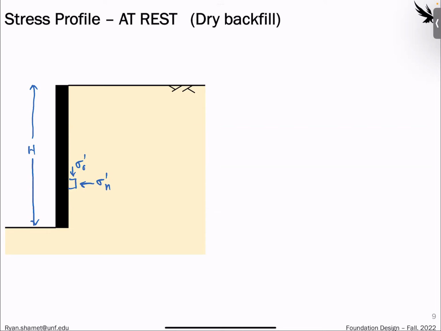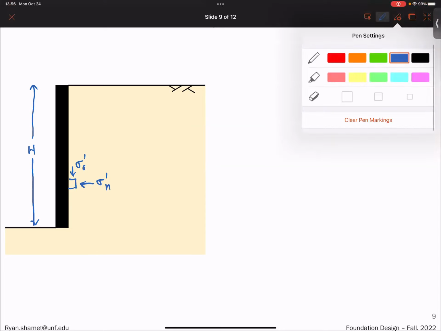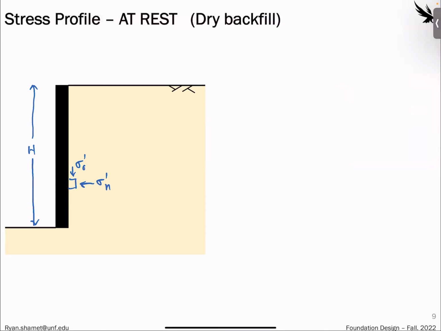The resulting stress profile would be just a simple triangle. So from that, we could find our maximum, or just our function of this stress profile.